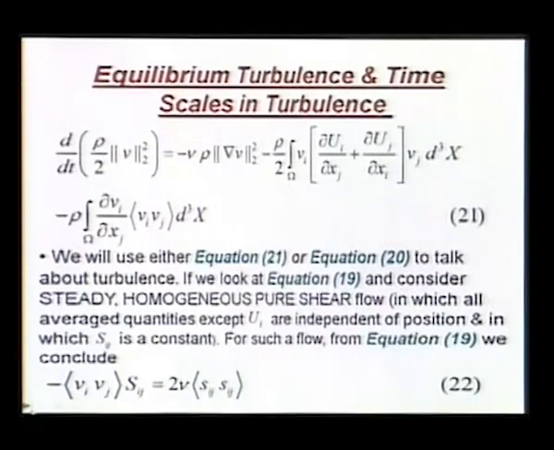So, that is that, and pure shear flow will tell you that del u i del x j are pure constant. And if you do that, then you can see what remains is that this is the term that comes from the mean shear, and this comes from the fluctuating quantity.